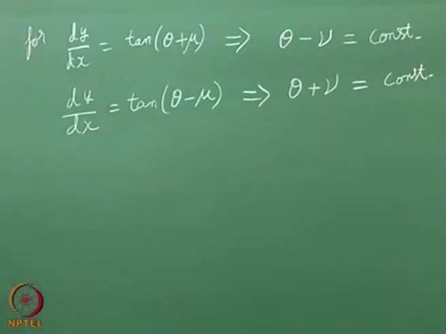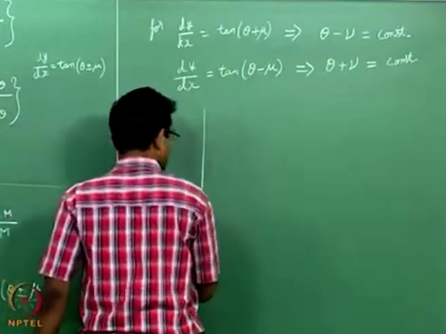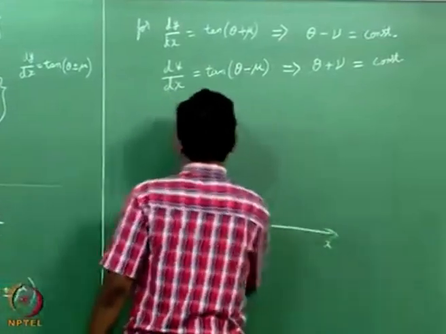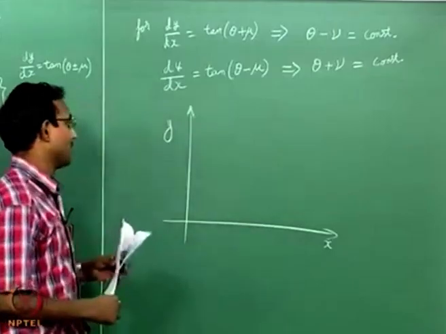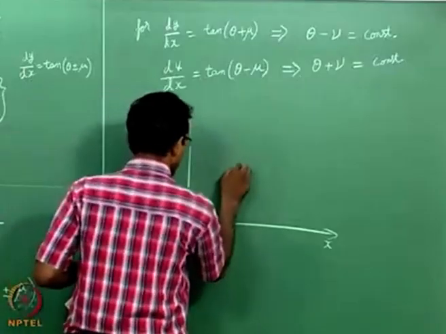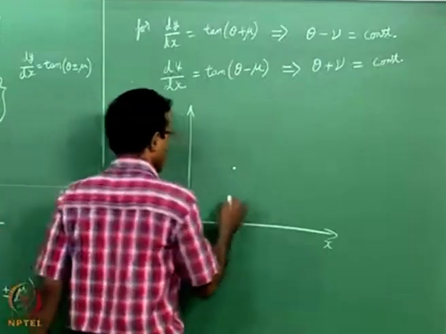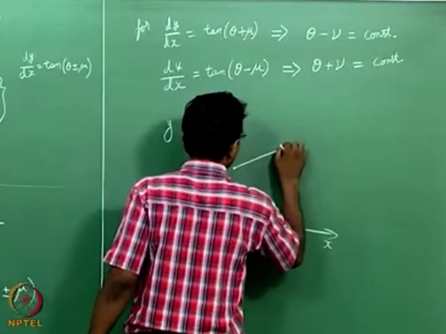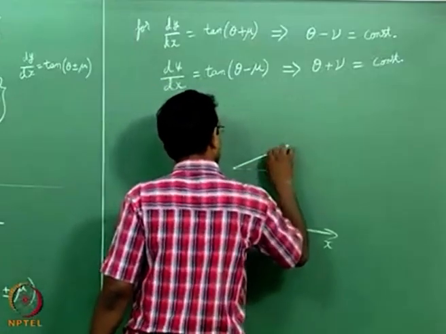Okay. Now, what are its implications? Now, I look at it from the x y coordinate system. We have dy by dx here. I have the x y coordinate system, and let us say I pick some random point in the flow, x1 y1, and I am going to say it is having a flow velocity vector in this direction, which means it is having some theta value.